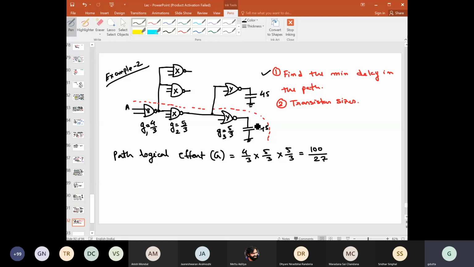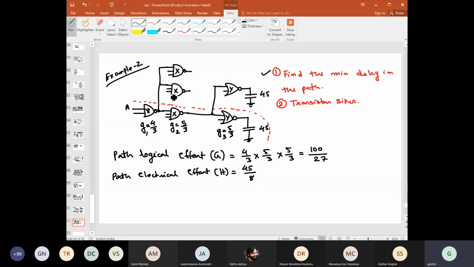Then we can also find the total path electrical effort, because we know the output capacitance and the input capacitance. Path electrical effort, capital H, is equal to the output capacitance, that is 45, divided by the input capacitance here, which is 8. So it is 45/8.